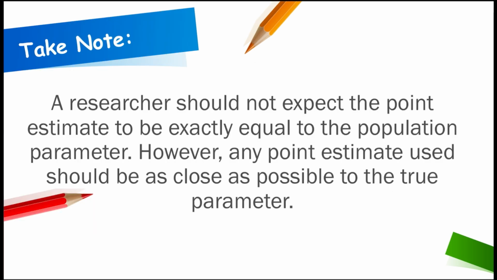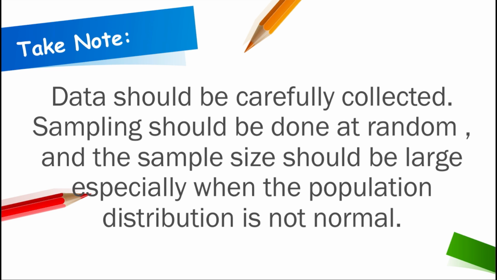Take note, a researcher should not expect the point estimate to be exactly equal to the population parameter. However, any point estimate used should be as close as possible to the true parameter. Data should be carefully collected. Sampling should be done at random, and the sample size should be large, especially when the population distribution is not normal.